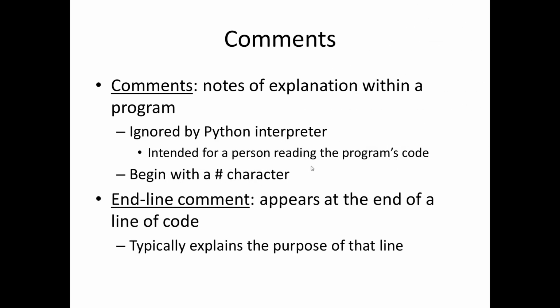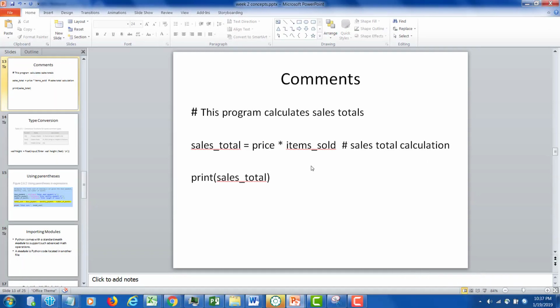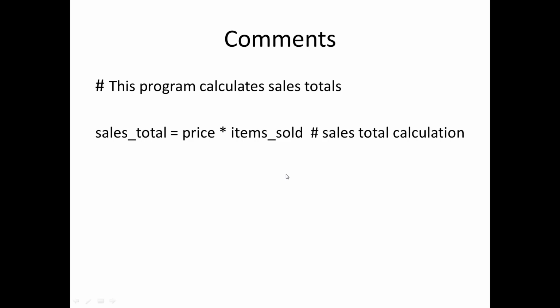We can have comments at the beginning of our code or at the end of our code. An example of this would be: this program calculates sales totals. Notice the comment at the beginning. It's ignored by the Python interpreter, but it makes it easier for the human who's going to maintain this code or make changes to it to know what's going on.